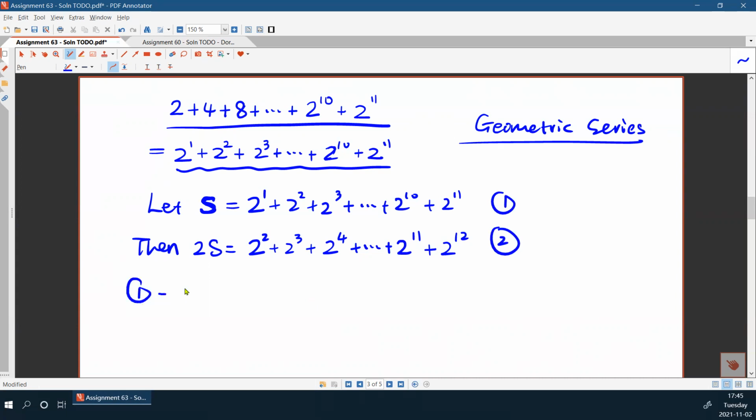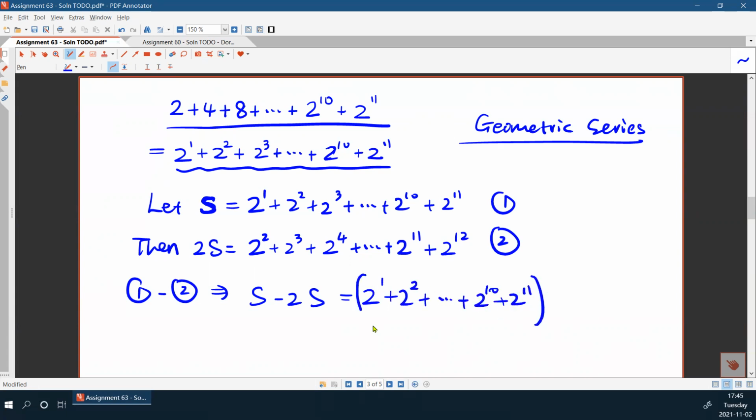Then you can take equation 1 minus equation 2, which gives S minus 2S equals 2 minus 2 to the power of 2, 2 to the power of 3, all the way to 2 to the power of 10 and 2 to the power of 11, and then 2 to the power of 12.